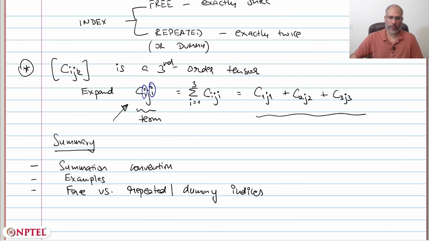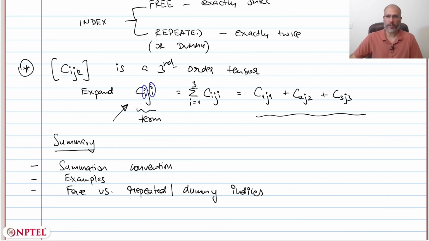So in the next lecture, we will start applying various vector and tensorial operations using this indicial notation with the summation convention in place. And we'll also in the process define some important identities which will help us simplify mathematical expressions involving tensors for writing more compact and richer notations in continuum mechanics.